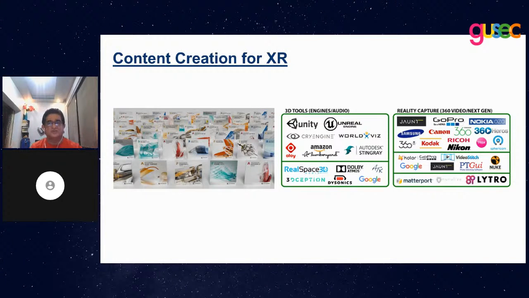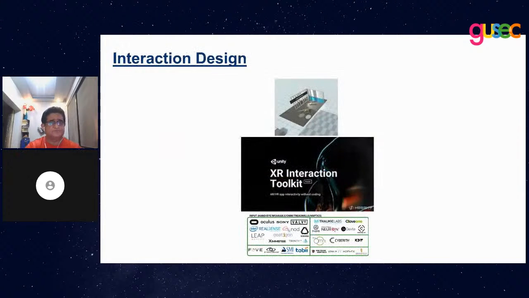Earlier, your content creation was very restrictive, very monolithic, if I can use that term, in terms of build. Right now, you can go ahead and import pre-built components into your models, into your environment, and fast forward some of your content creation activities. And content itself is fungible across different formats. Interaction design is again very important.